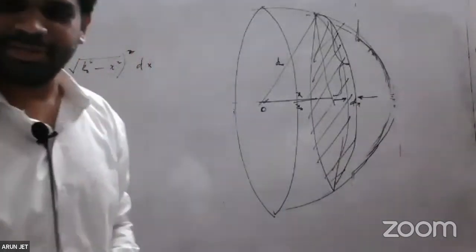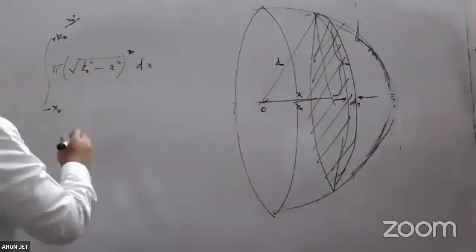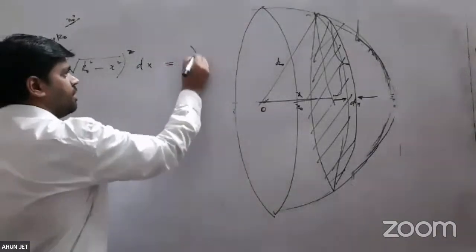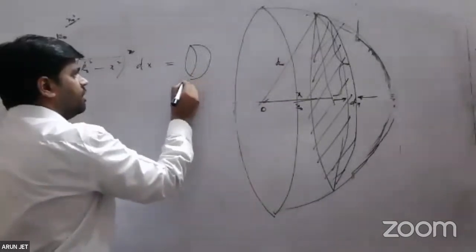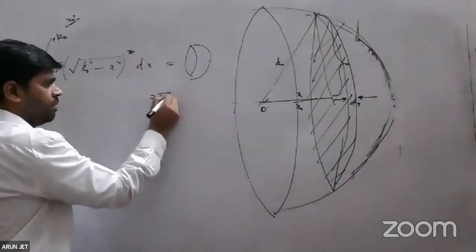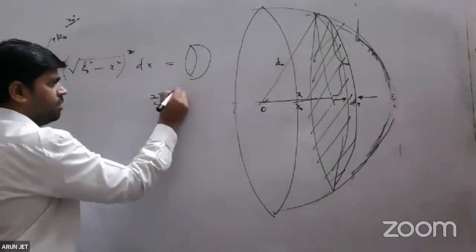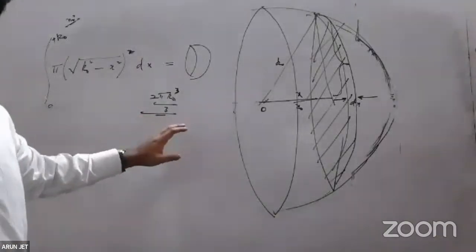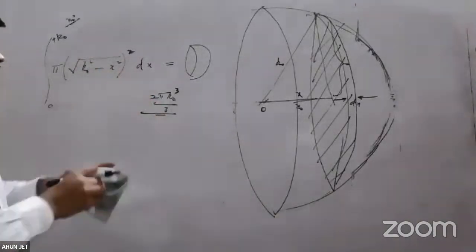Brilliant. You are all very fast. This is for the hemisphere. So what comes? 2/3 pi r cube. All right, you will get that. If you simplify this, you'll get that. So that's not a big deal. If you substitute, the limits give this.